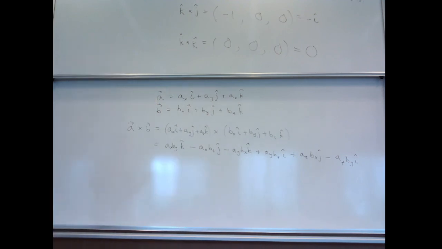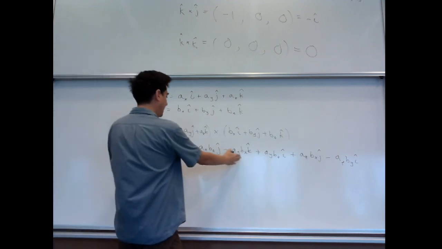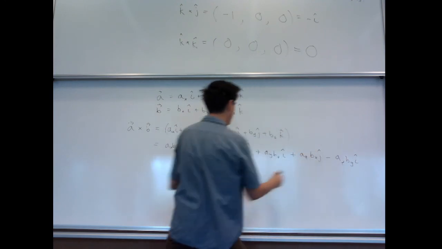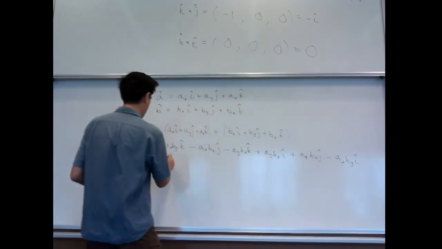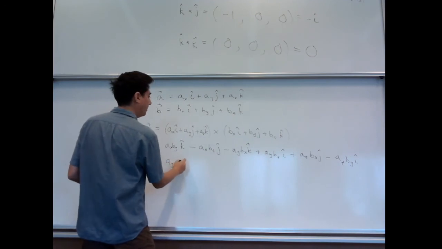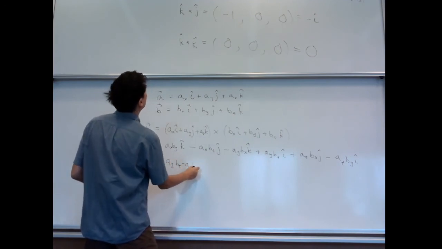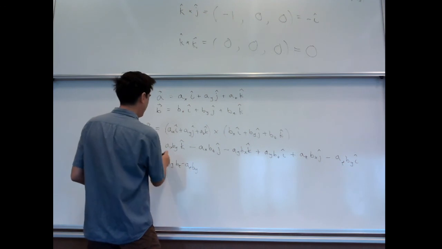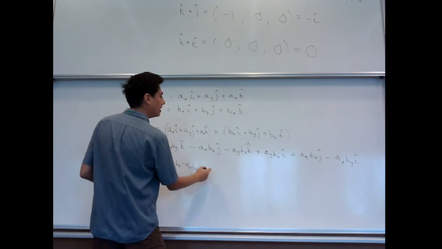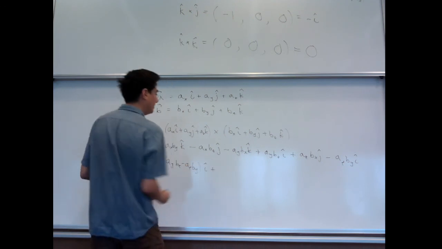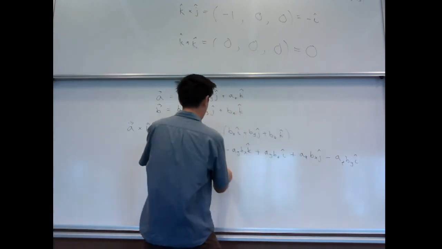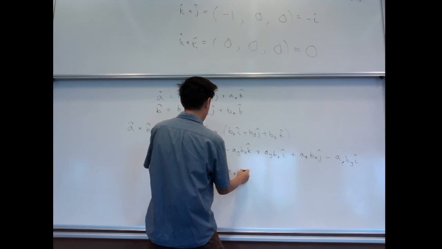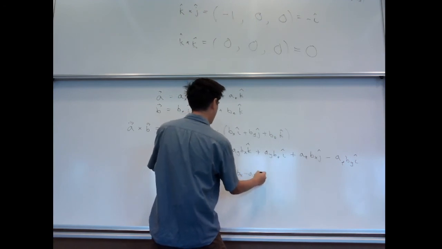Then now we can just collect the terms because there's 2 ks, 2 js, and 2 is. So let's collect the is. It's Ay Bz minus Az By. Okay, good. Scared that it wouldn't work out, but it did. The js here, it's Az Bx minus Ax Bz.